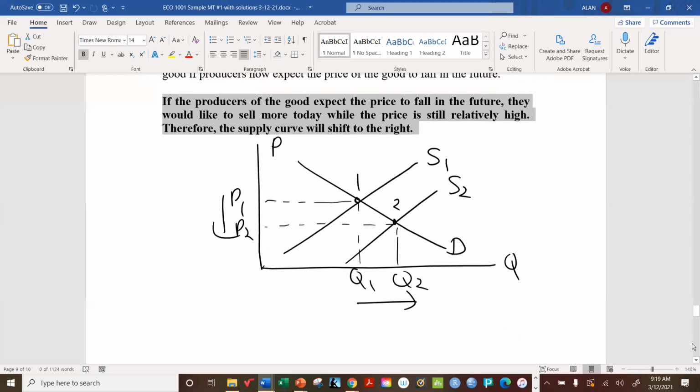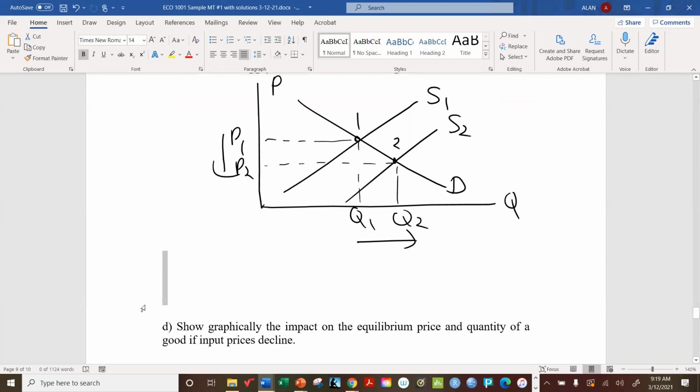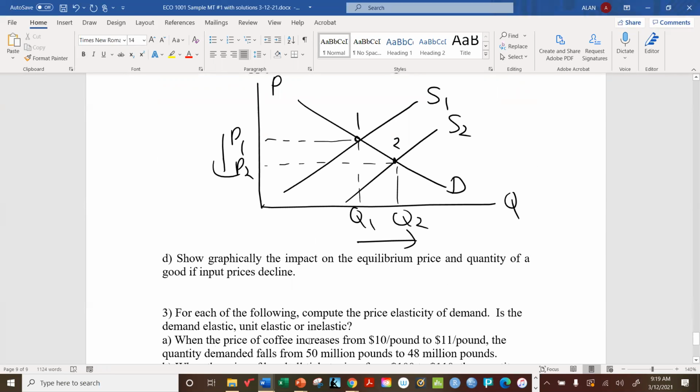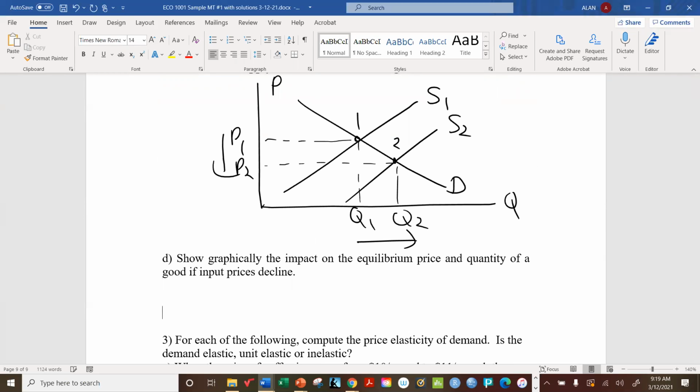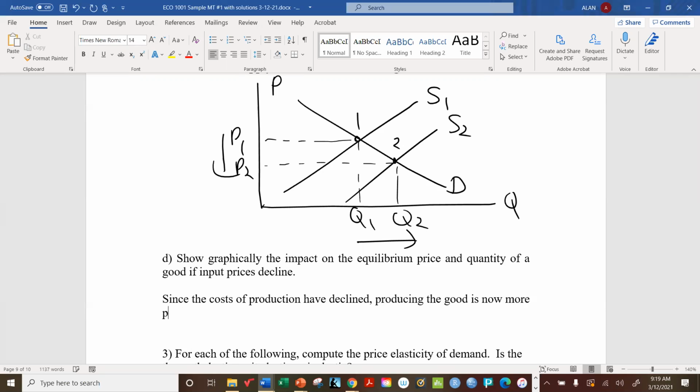All right. So what about D? Input prices decline. All right. This has to do with the supply curve because this involves the cost of production. So since the costs of production have declined, producing the good is now more profitable and more will be produced. Okay, in other words, the supply curve will shift to the right.